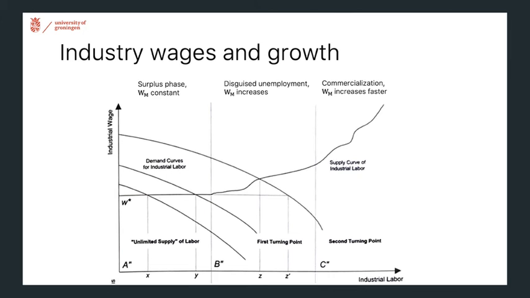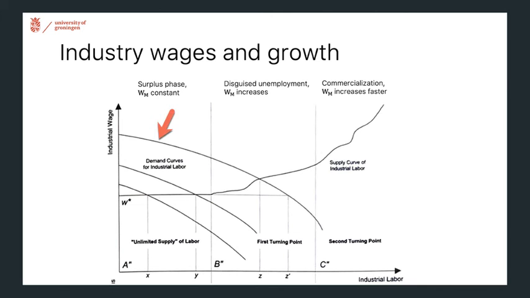Now, putting these two together, we get to the industrial labor market. And here, the first issue is key, and that's already shown in the simplified model: the labor demand curves. As industry is profitable, they can invest, and as they invest, their demand for labor starts to increase, shifting out this industrial labor demand curve.